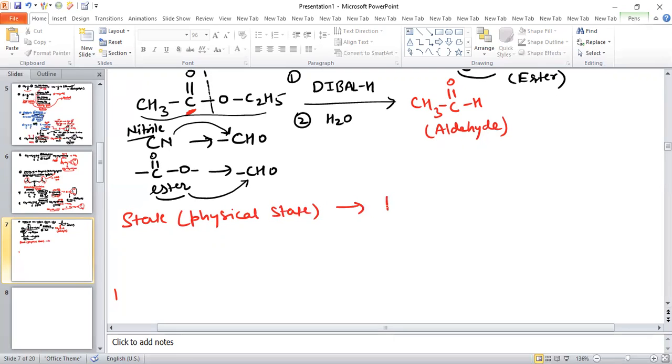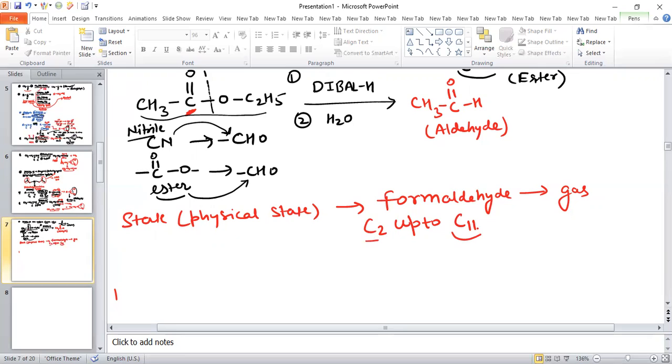Formaldehyde is present in the form of gas, while from C2, from 2 carbons up to 11 carbons, it is present in the liquid state.